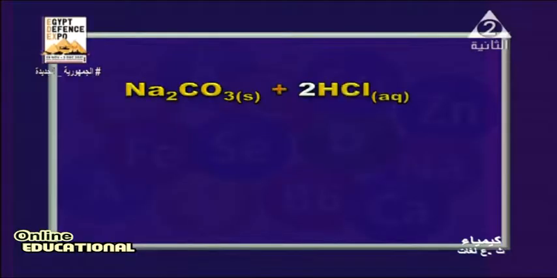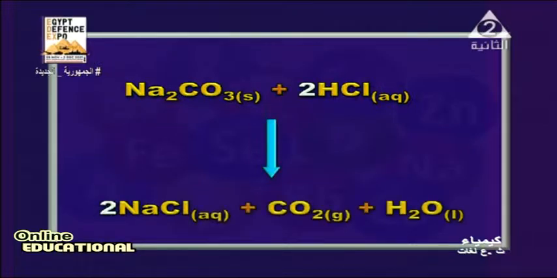As the equation proceeds on the screen: sodium carbonate plus hydrochloric acid. Remember, my dear students, the physical state: sodium carbonate is solid, so the subscript is S. Hydrochloric acid is dilute acid, so the subscript is aqueous. So it gives sodium chloride, aqueous solution, and carbon dioxide gas and water are produced.